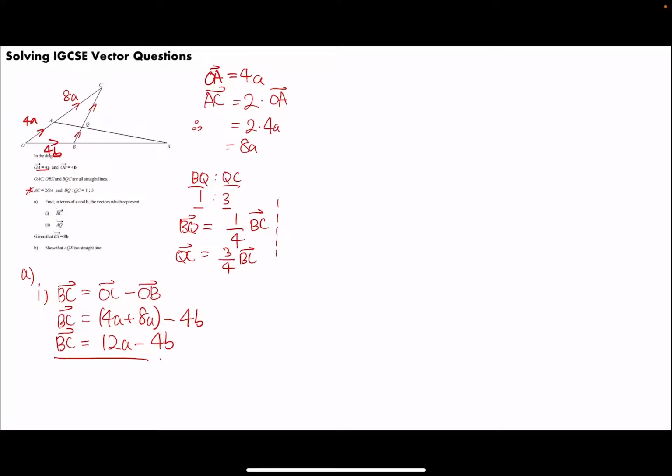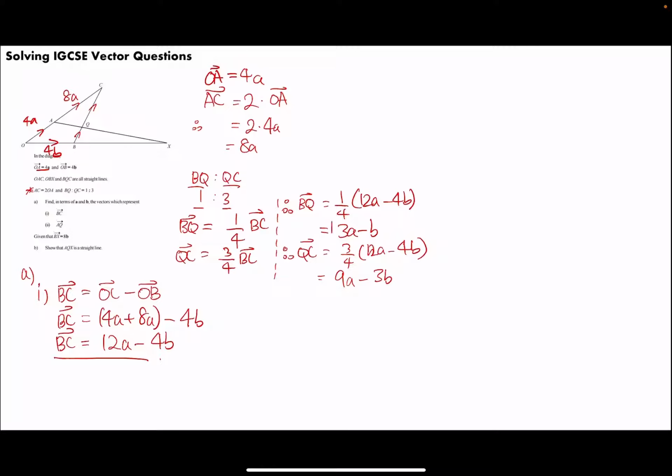Therefore, BQ equals 1 over 4 of 12A minus 4B, which is equal to 3A minus B. And QC is equal to 3 over 4 of 12A minus 4B, which is 9A minus 3B. So we know this.